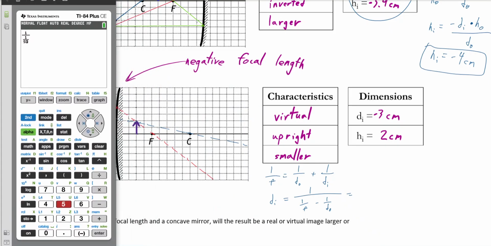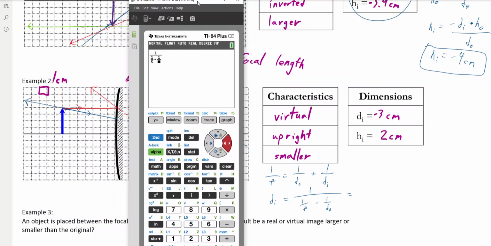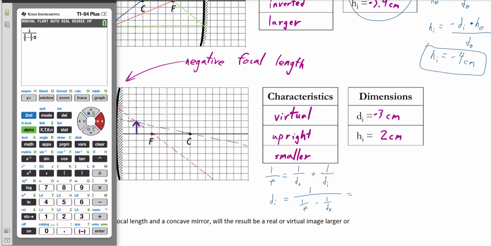Whoops. 5, and then minus 1 over dO, which is the distance to the object, which is 1, 2, 3, 4, 5, 6, 7. It almost looks like it might be more at the beginning there a little bit, but we're going to just leave it with that, and we're going to calculate it. So we get 35 divided by 2, which is 17.5.